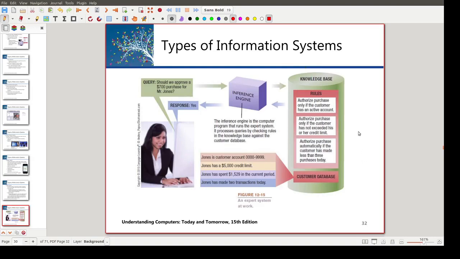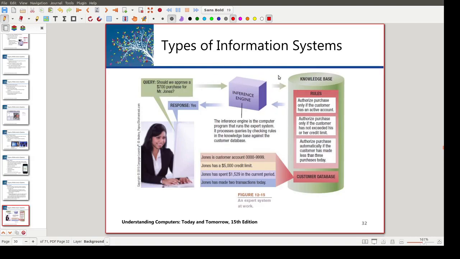On the right side you have this knowledge base, you have these rules, and so on. You have the customer database, you have this knowledge base, and you have this inference engine. Given the information from the customer database and the knowledge base as well, the user poses a query: should we approve a $700 purchase for Mr. Jones?